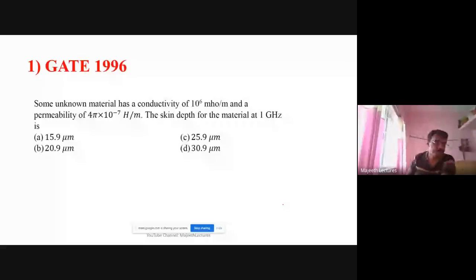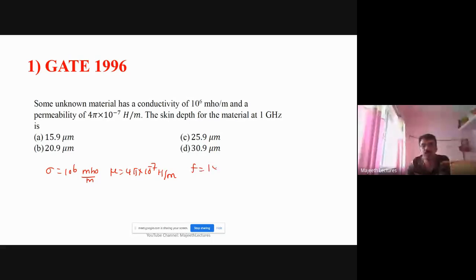Right? Okay. Problem number 1. Fine. Here you see some unknown material has conductivity sigma, they have given 10 power 6 mho per meter. Permeability mu is 4 pi into 10 power minus 7. What is the skin depth? f is equal to 1 gigahertz.